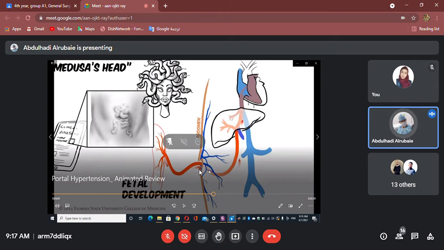This is obliterated after delivery to form the round ligament of the liver, and after development of portal hypertension, the blood flows again through this obliterated vein to the subcutaneous area to form the caput medusae.